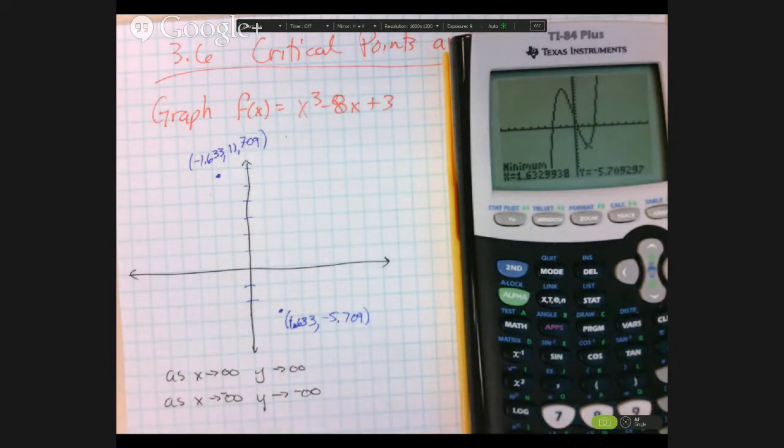You get the maximum, just click second, then calculate, second trace.